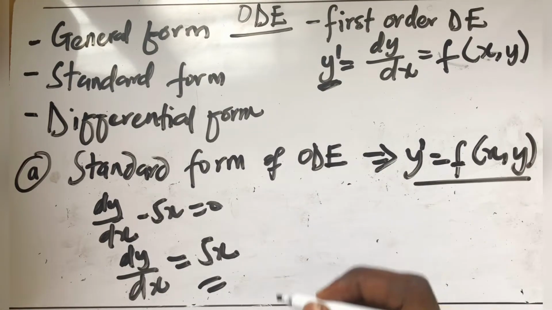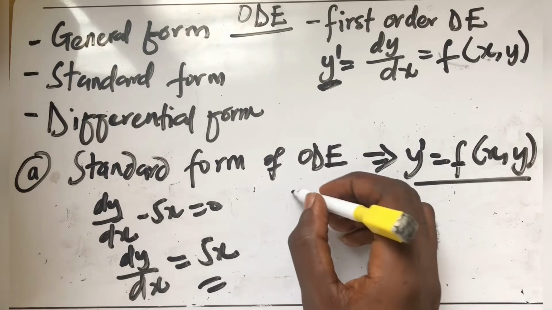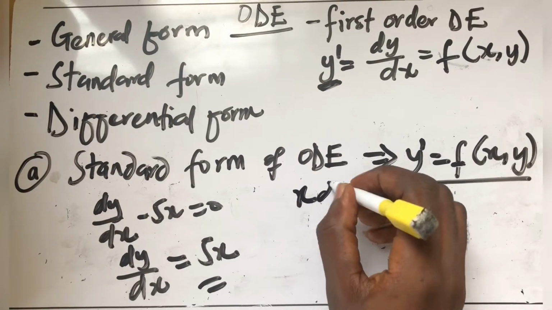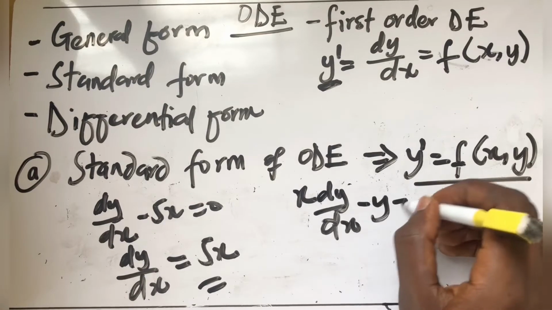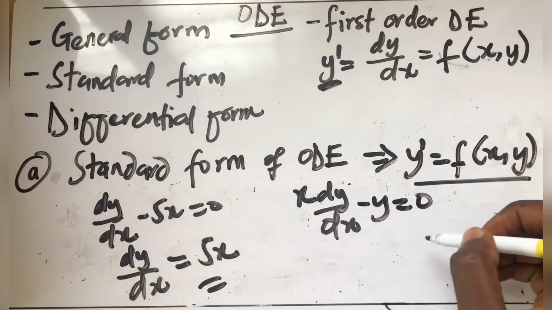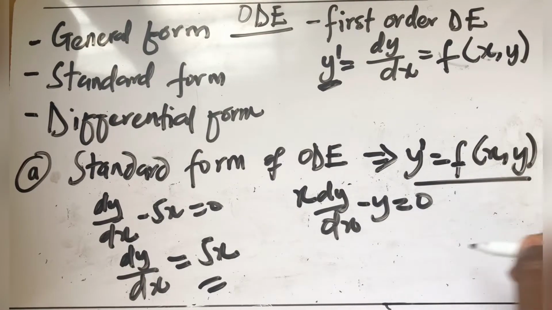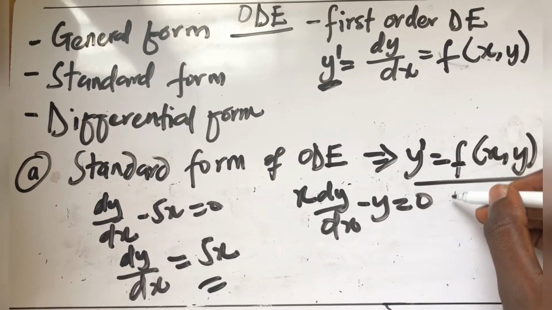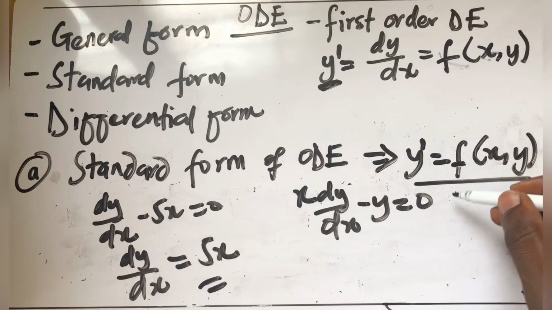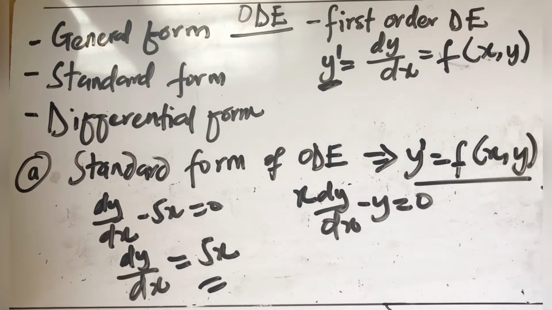So let's take another example, okay? In case you have something like this, dy dx minus y equals 0. When you want to write this in standard form, note that this is in the general form, since everything is equated to 0. Once you want to write this in standard form, we just make the first derivative the subject, okay?